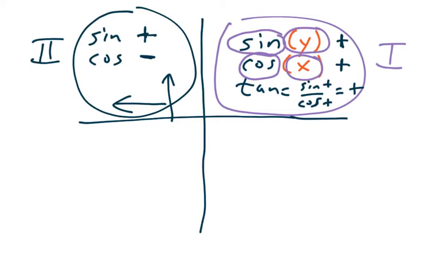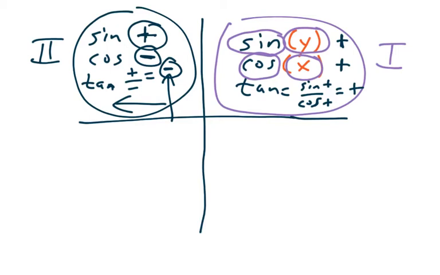Again, y goes with sine, so sine is positive. And tangent, which is sine divided by cosine, well, positive divided by negative is negative as well. And so you're going to have to remember that sine is positive in quadrant 2, cosine is negative, tangent therefore is negative.